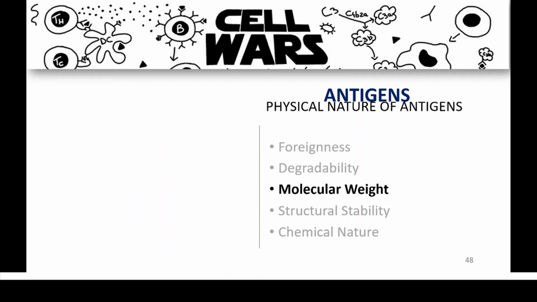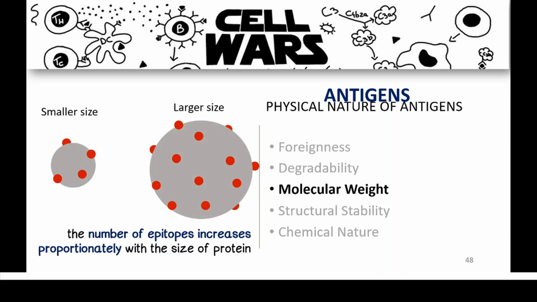Yes, I myself will tell you, size matters because the number of epitopes increases proportionately with the size of the molecule. As you can see here, the smaller size has fewer epitopes, whereas the larger size has more epitopes. And with that, we can say that truly molecules with higher molecular weights, molecules that are larger in size, are good immunogens.